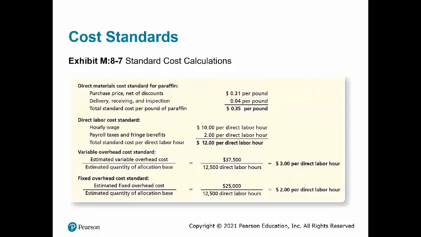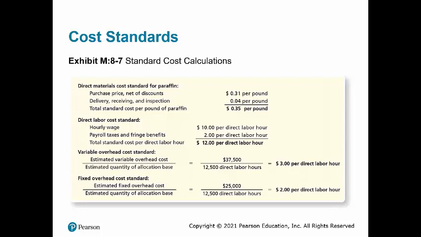This slide shows the computation of Cheerful Colors' cost standards for direct material, direct labor, and manufacturing overhead based on the static budget of 50,000 batches of crayons. The manager in charge of purchasing indicates that the purchase price, net of discounts, is 31 cents per pound of paraffin.